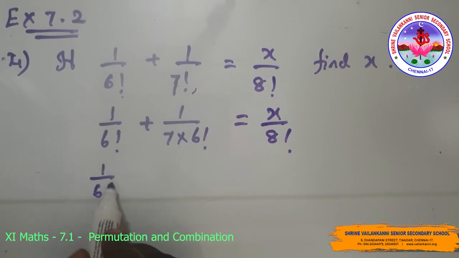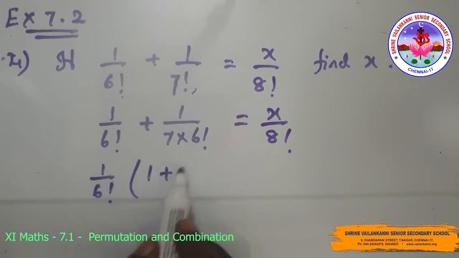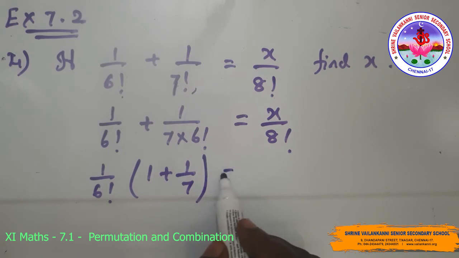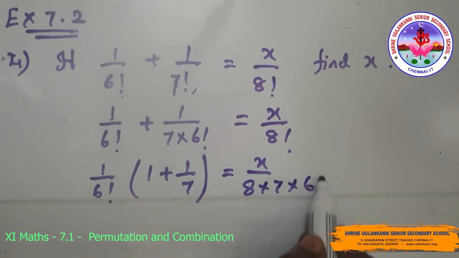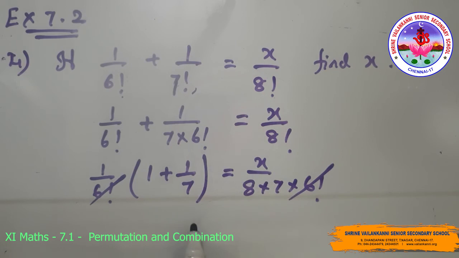Taking 1 by 6 factorial common, I get 1 plus 1 by 7, which is equal to x by, here I can write 8 factorial as 8 into 7 into 6 factorial so that I can cancel these two. So 1 plus 1 by 7 is equal to x by 8 into 7.